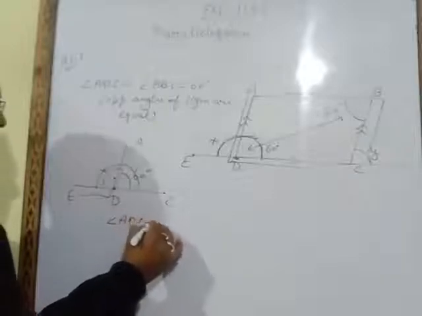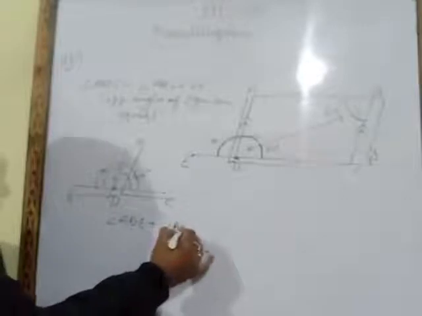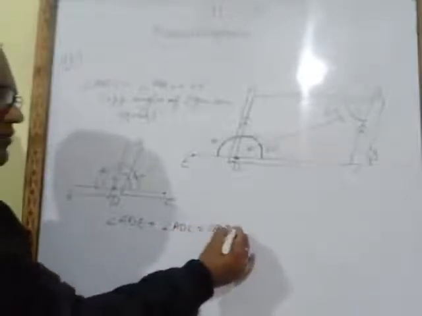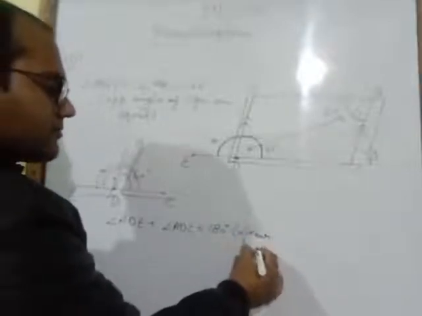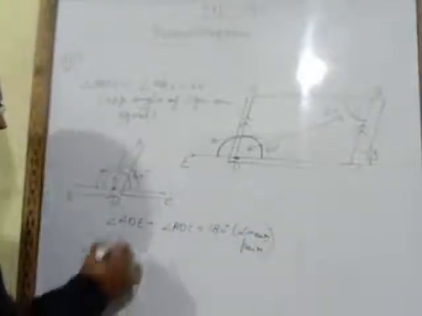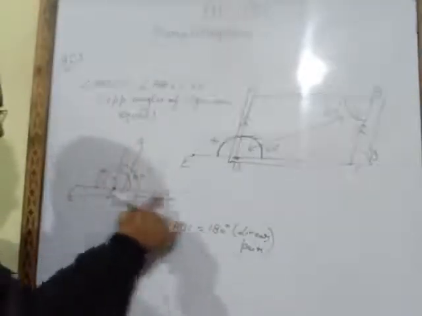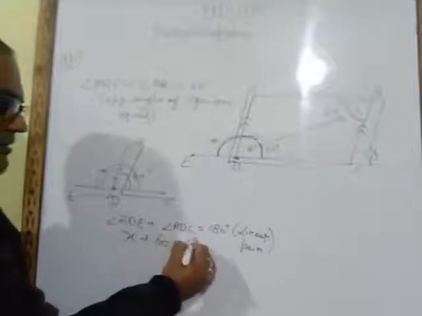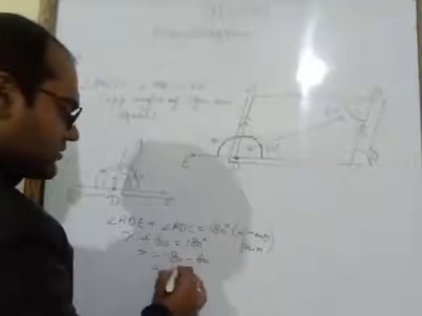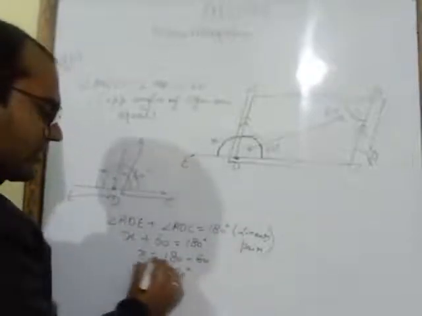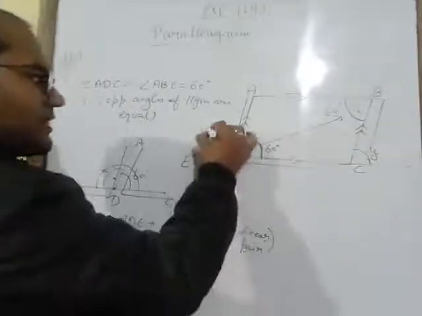Angle ADE plus this angle, whose name is ADC, the sum of these two is equal to 180. The property name is linear pair. Now the value of ADE is x, ADC value is 60, equal to 180. On solving it we will get 180 minus 60, 120 degrees is the answer of x. So the first answer we got, x is 120.